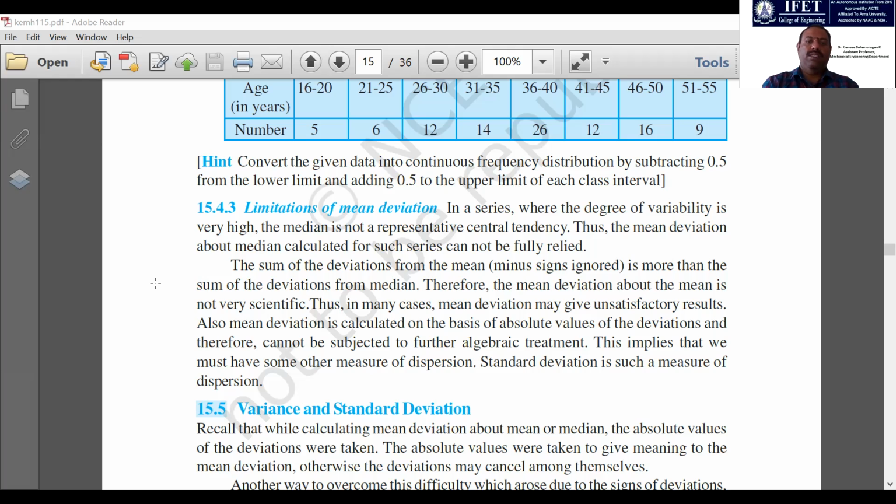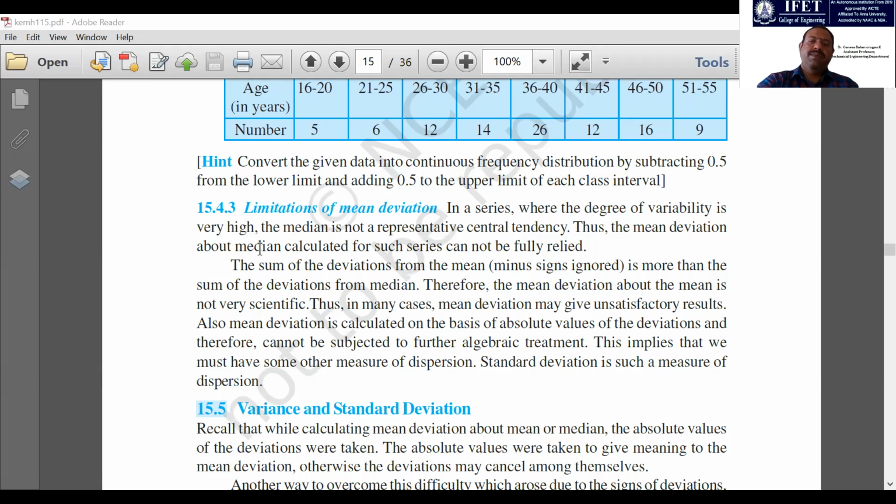Now we will start with the limitations of mean deviation. We are slowly moving on to the concept of standard deviation. Before moving into the standard deviation, you have to understand the exact limitations of mean deviation.